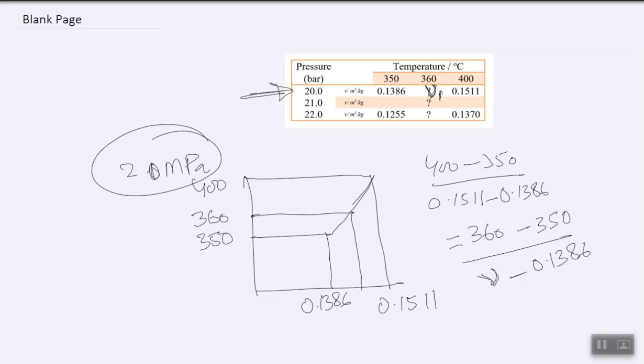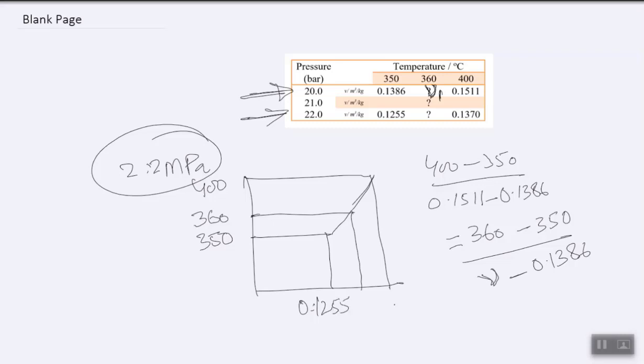Solving this, I can find the volume at 360 at 2.0 megapascal, and let me call it V1. Is it okay now? I hope so. Then at 2.2 megapascal, or 22 bar, the same thing would happen. At 350, I've got a volume of 0.1255.